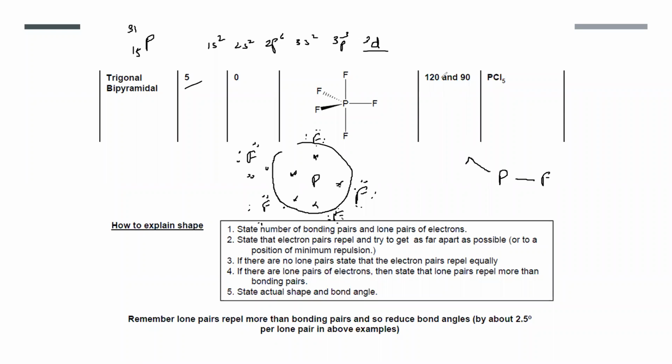Fluorine is there. One is out of the plane, represented by a dash. One is into the plane. This is a 3D drawing represented by these symbols. One fluorine up, one fluorine down. The bond angles are 120 and 90 degrees. So PCl5, PF5.